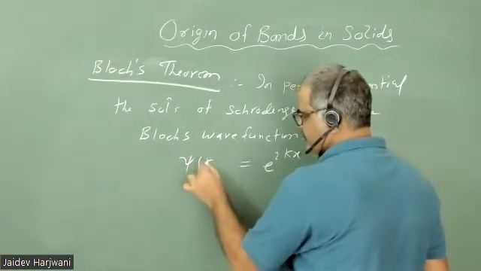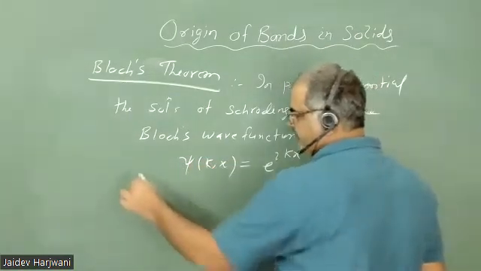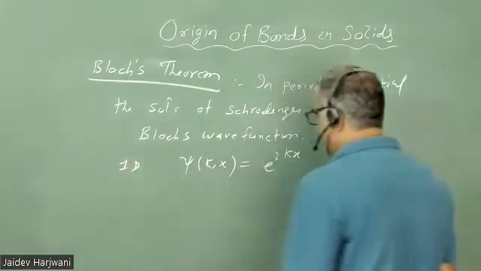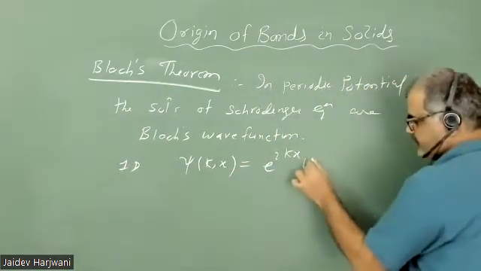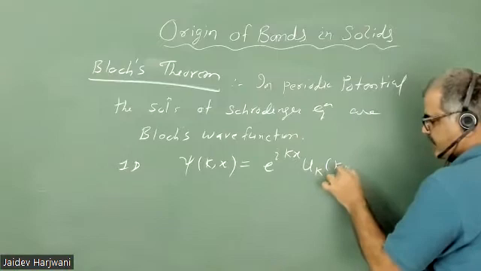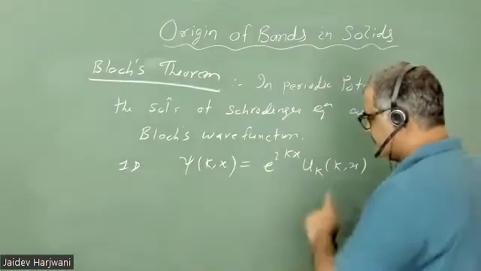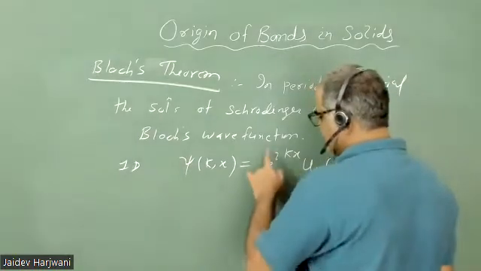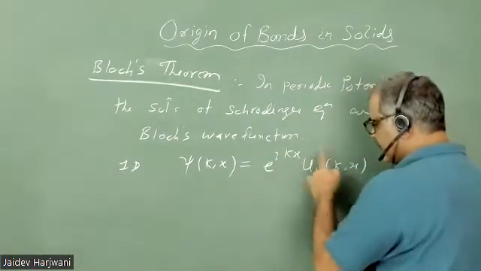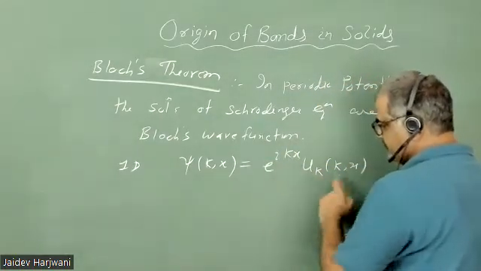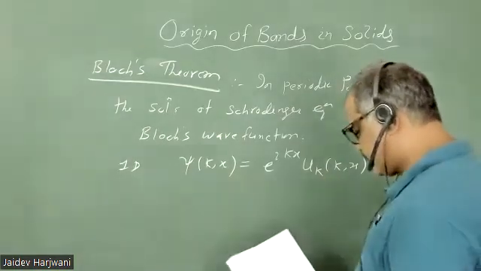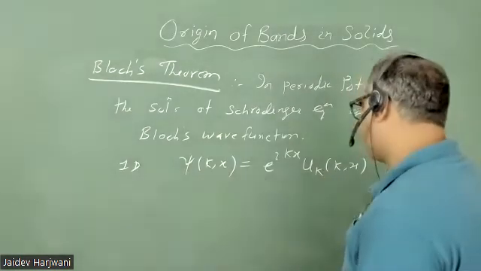I'm writing in 1D, so I can write the solution as e^(iota kx) times u_k(x), where your free particle solution is modulated by this function, and this function has the same periodicity of the lattice.